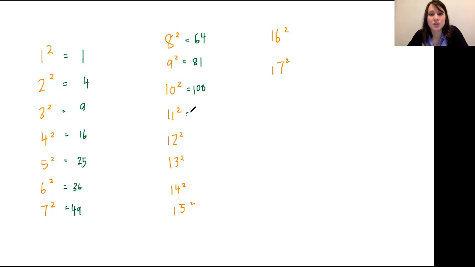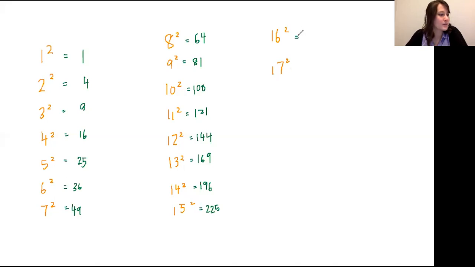Now it maybe starts to get tricky, right? 121, 12 squared is 144, 13 squared is 169, 14 squared is 196. This is 225. And then we have 256 and 289.